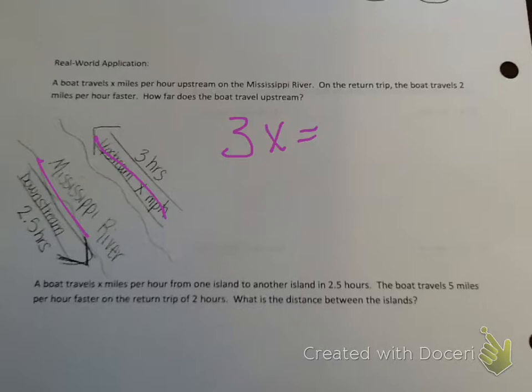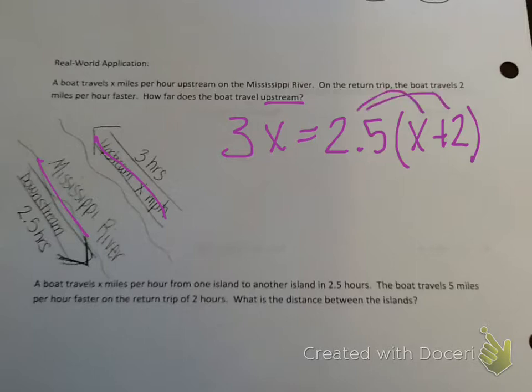And going downstream, they only traveled 2.5 hours. But they went 2 miles per hour faster. So we would have x plus 2. And how far does the boat travel upstream? So we're just looking for x in this case. So we need to distribute first.